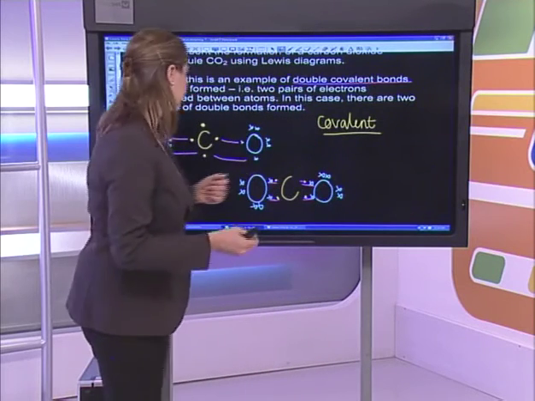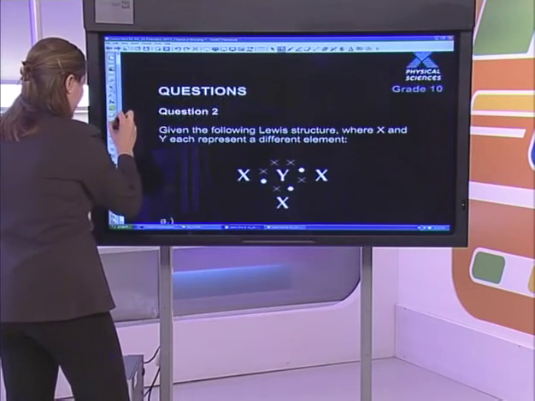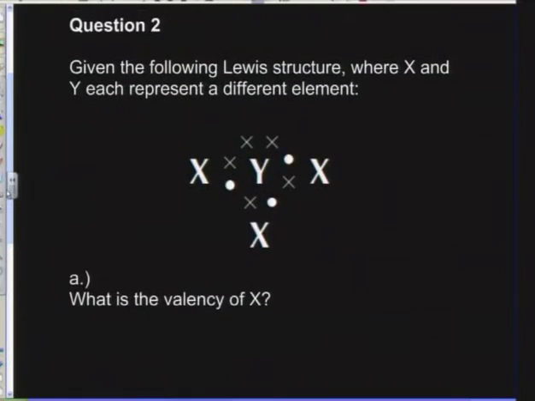Let's turn and tackle another question, because questions is certainly where we learn a huge amount. Let's go with this one. We've been given the following Lewis structure where X and Y each represent a different element. We don't know what the element is, but it's a different element.